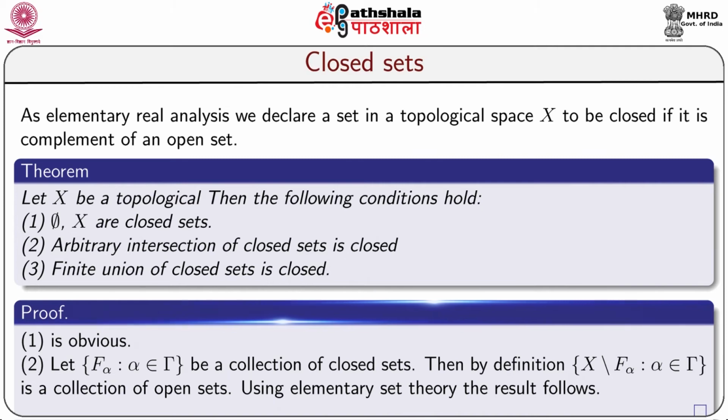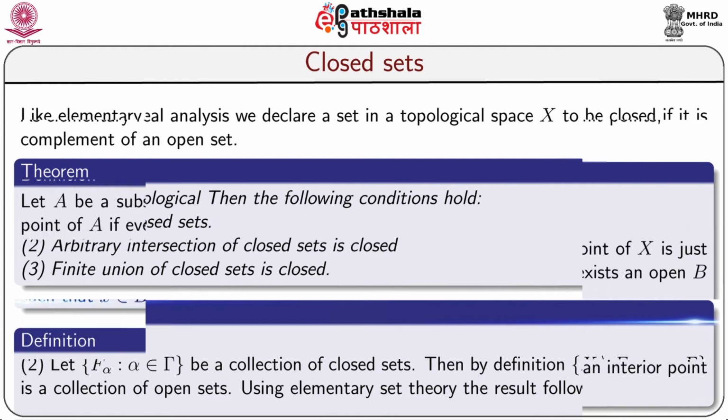Then by definition of closed sets, each X minus F alpha is an open set. So this is a collection of open sets. Since open sets are closed under arbitrary union, their union will be open. That means as their union is open, its complement is closed. That means an arbitrary intersection of closed sets is closed.